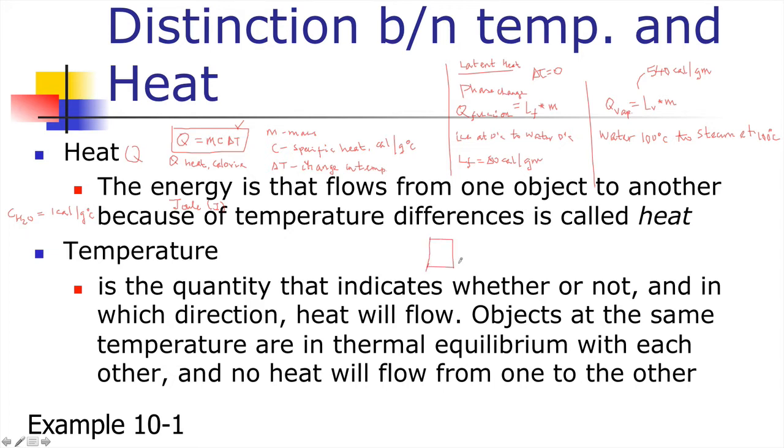If you have two objects next to each other, A and B, and A is at 100 degrees Celsius and B is at 50 degrees Celsius, heat will not flow from B to A. Heat will flow from A to B until both of them reach a common temperature, maybe 75 degrees Celsius.